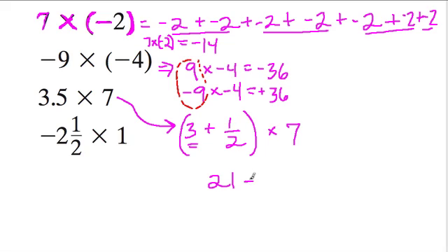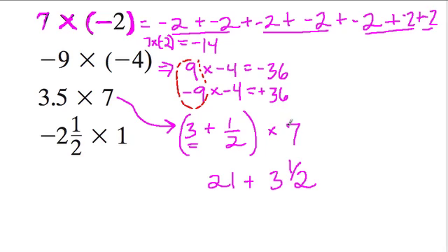So it's 21 and 7 times a half. Well, what's that? Every 2 halves gives us a whole. So 6 times 1/2, right? 6 groups of halves gives us 3 wholes. And then there's still an extra 1/2, right? Think of 7 as 6 and 1. So that times a half gives us 3.5.